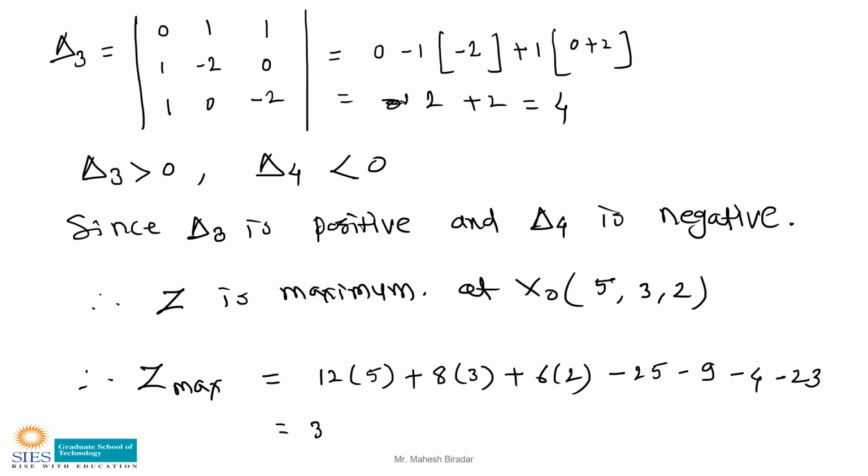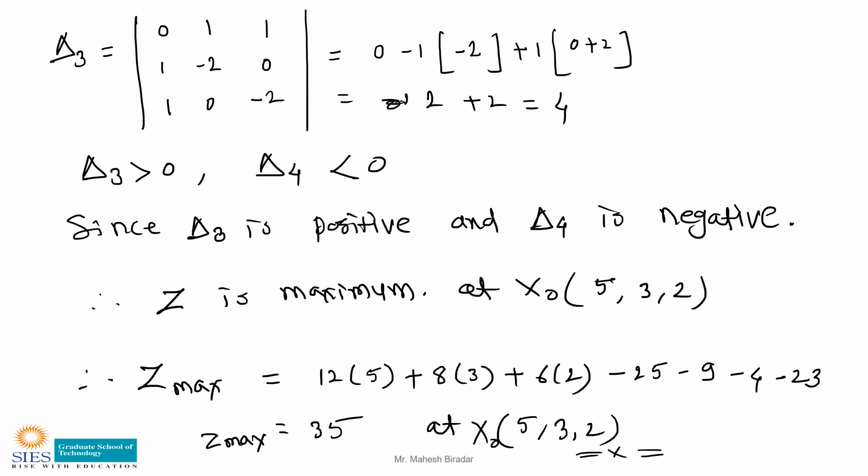So if you simplify, you will get an answer as 35. So z max is equal to 35 at 5 comma 3 comma 2. This is the stationary point.